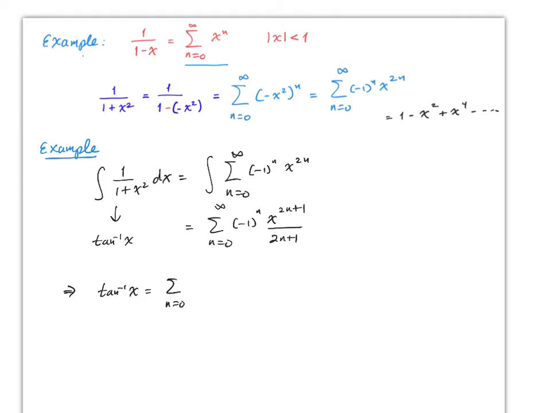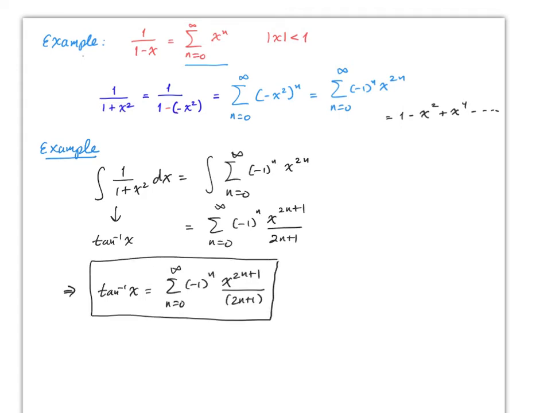So tangent inverse is the same thing as this. Now you will see in the next section that if you want to do this from scratch, which I'm going to show you how to do, it will take you a long time to get this formula. While using this, it's very easy to get to the formula.